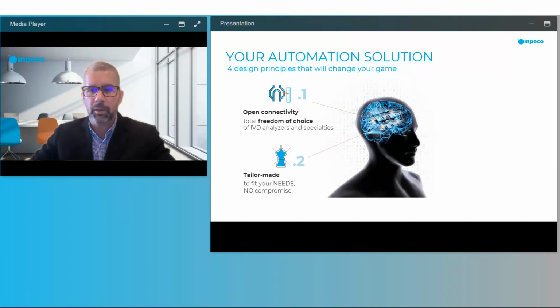We're making sure that we're fitting your needs, meaning that we're not just giving you an out-of-the-box type of solution. These are truly tailor-made solutions. We're working with you, the end user, the customer, to design what is going to be needed, not only for today's problem, but also for the next 10-plus years of growth, making sure that we're designing from the beginning the right solution to grow with you.